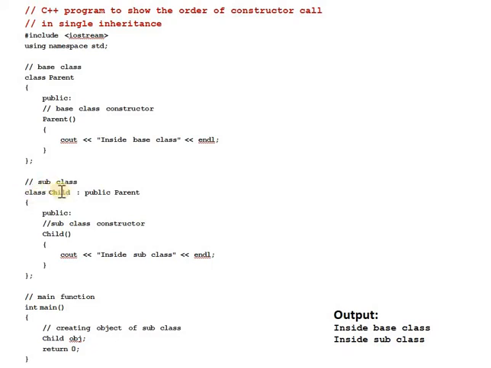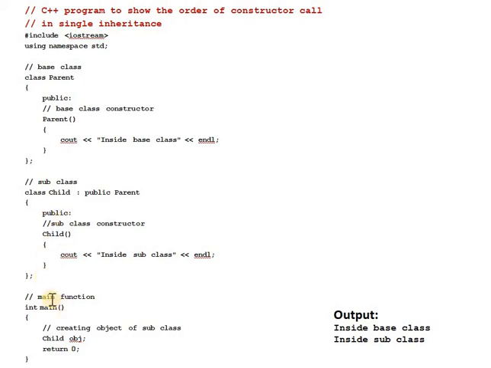Class keyword, after that the subclass name or derived class name, then the colon operator, then the visibility mode or access specifier, and then the parent class or superclass name. Then in that subclass there is one constructor, child. In that we are simply displaying a message, inside a subclass. This is the class definition for the subclass.